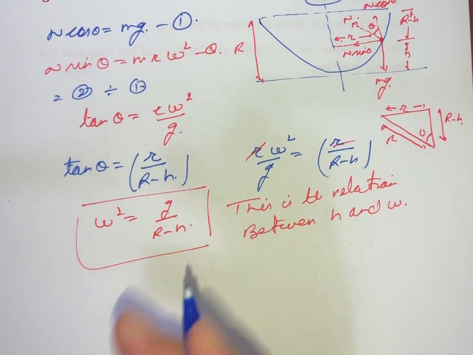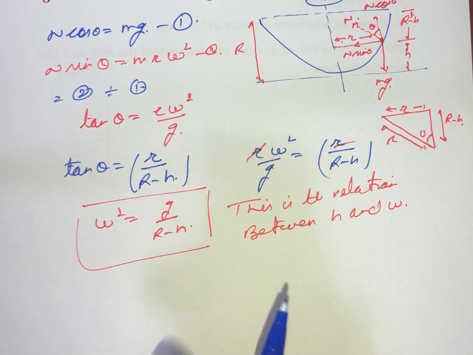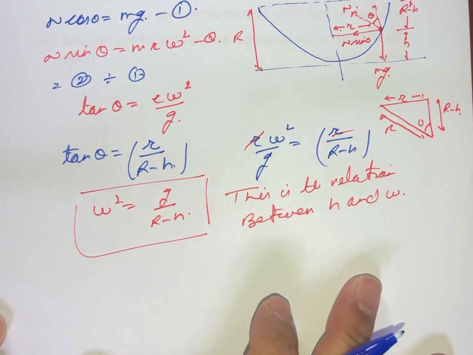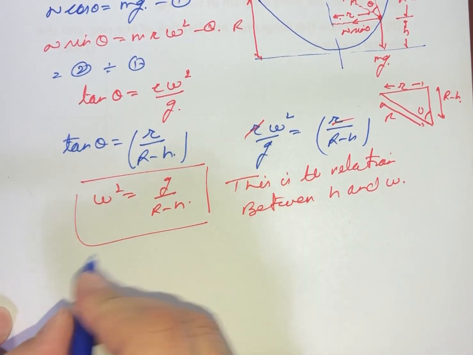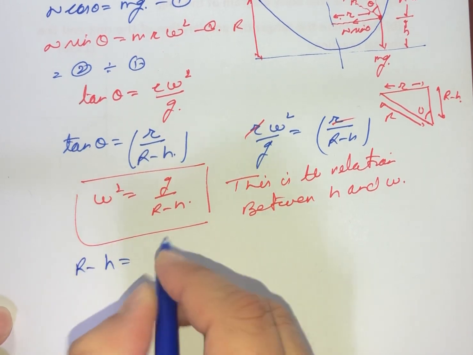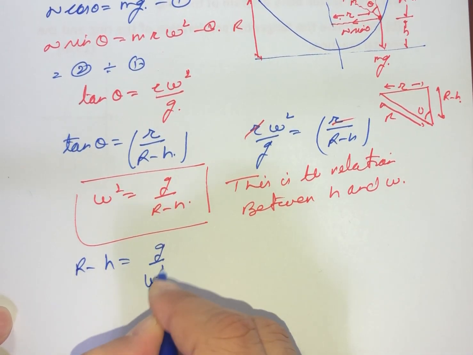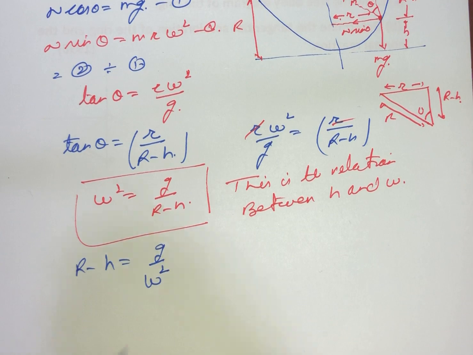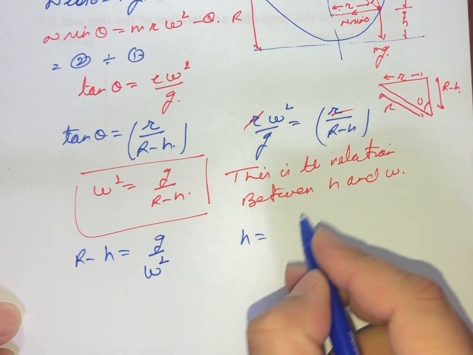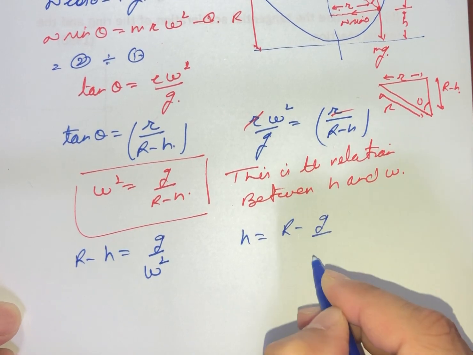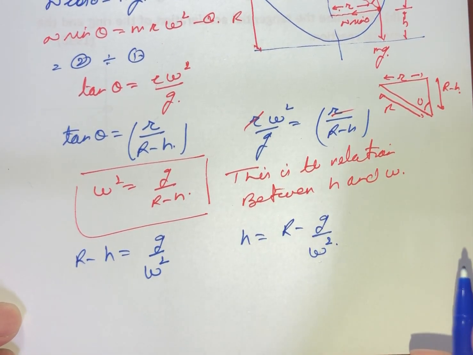Now we are going to find out the minimum value of omega. If you modify this equation, we can write R minus h is equal to g upon omega square, and from here h is equal to R minus g upon omega square.